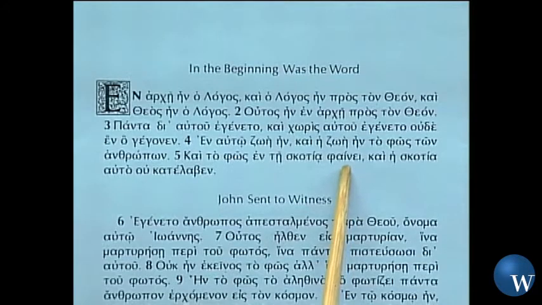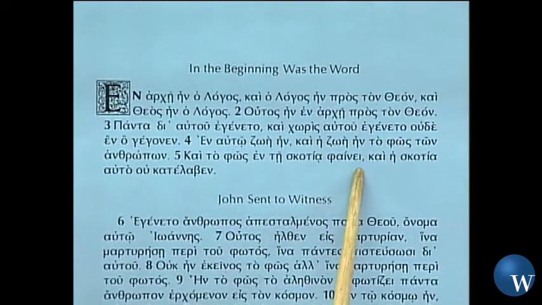Well, here's something very important. If you were to look up phainei in a regular old Greek lexicon, you would not find it in that form. In a regular Greek lexicon, you would see the word phaino, but you wouldn't see phainei.